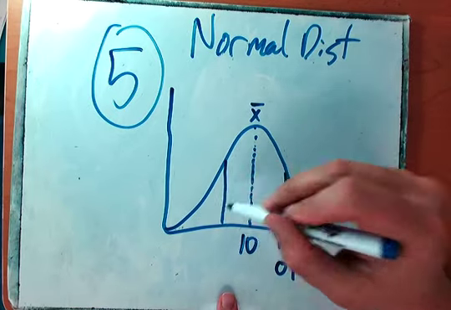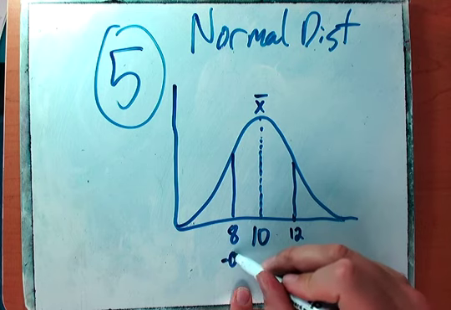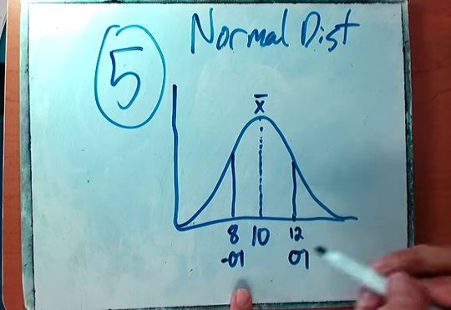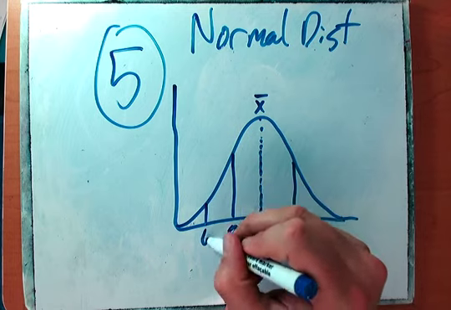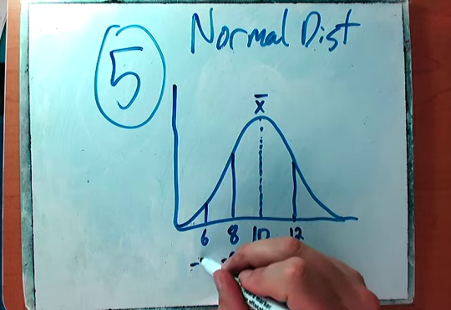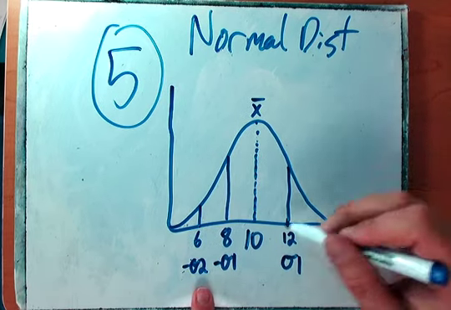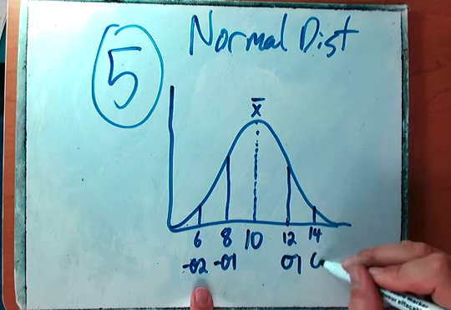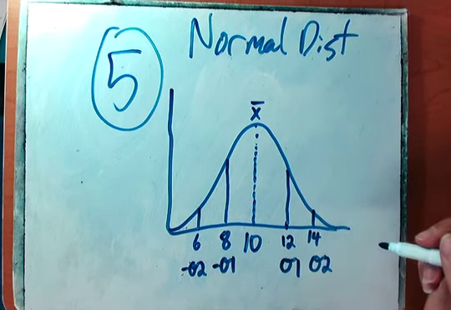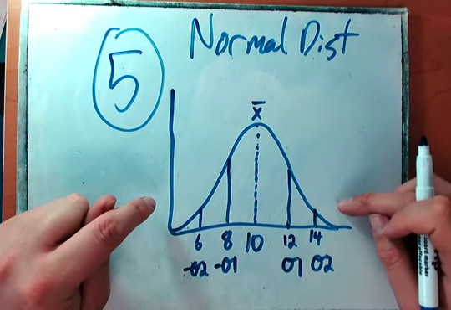On the other side, I would say this is 8, because this is minus 1 standard deviation. Now if we go another one out to 6, we're going 2 sigmas out in the negative, and on this side we're going to 14, which is sigma 2. This is really all that you have to draw at this point.